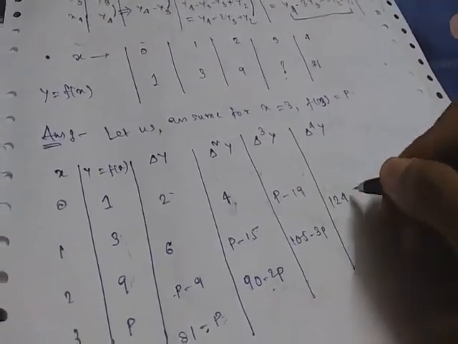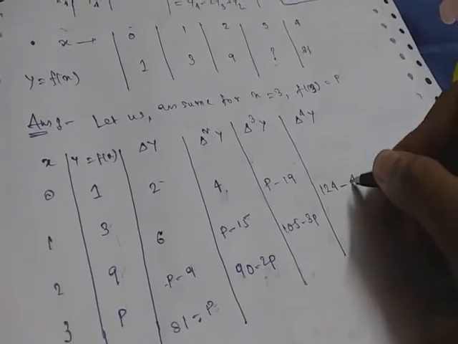And we will have the last one, del 4y. What will happen? Del 4y, we will get 124 minus 4p. Now if we want to further differentiate it, see, it became constant.